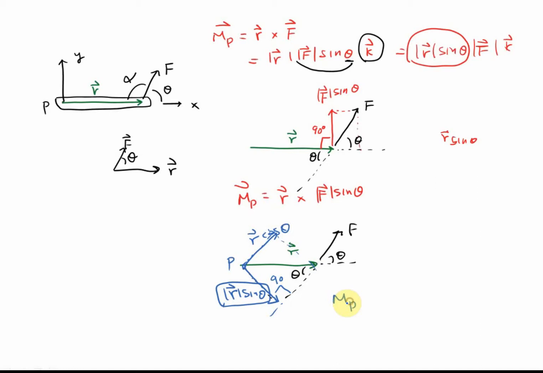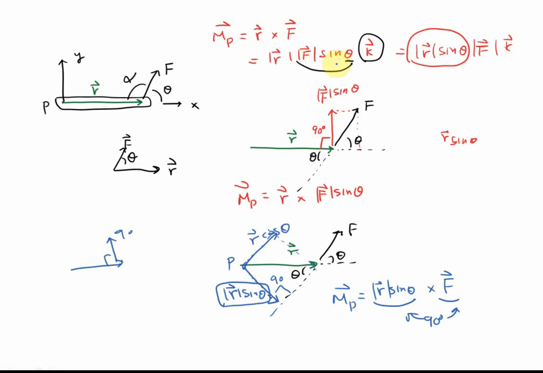So your MP is the r sine theta component times f, but we know that this component is at 90 degrees. That's why the cross product basically multiplies the 90 degree components.